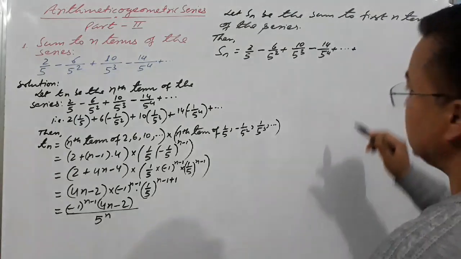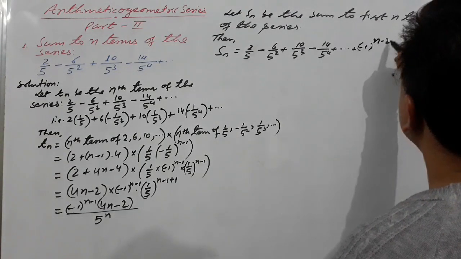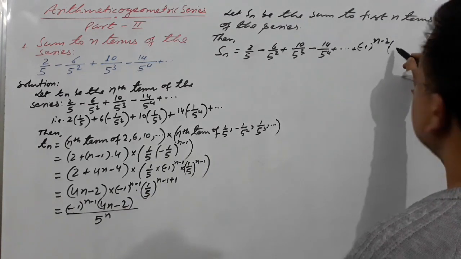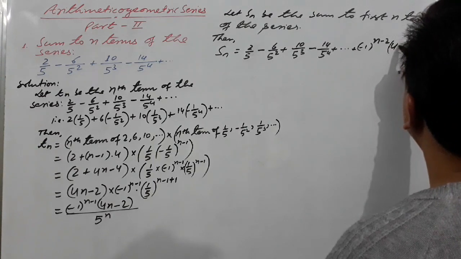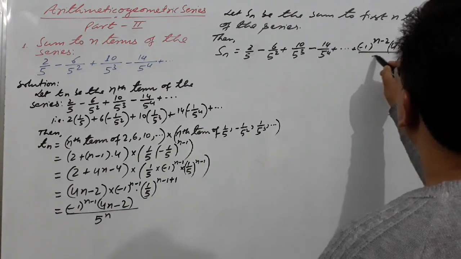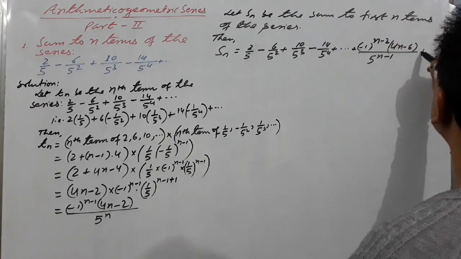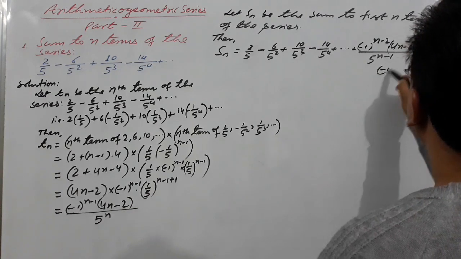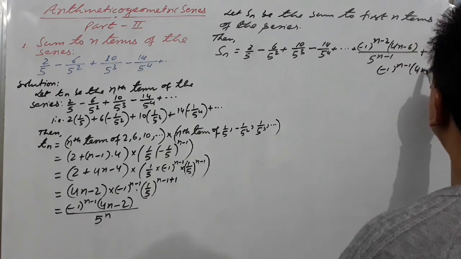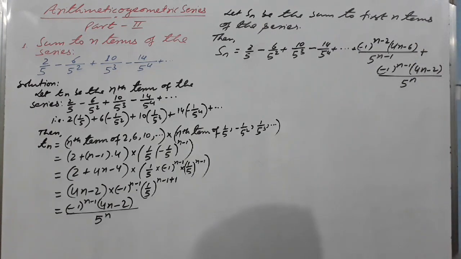This one is the last term, then the second last term will be minus 1 raised to power n minus 2, where n is replaced by n minus 1, and here 4n minus 6 over 5 raised to power n minus 1, plus, and this will be the last term, minus 1 raised to power n minus 1 times 4n minus 2 over 5 to the n.